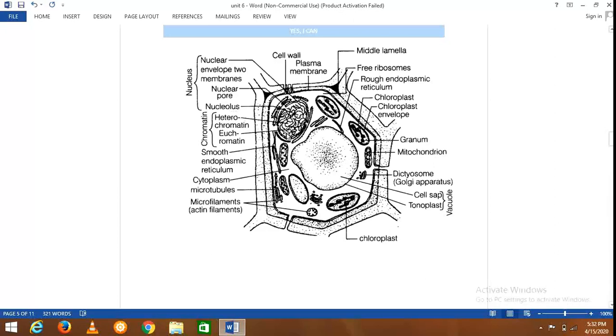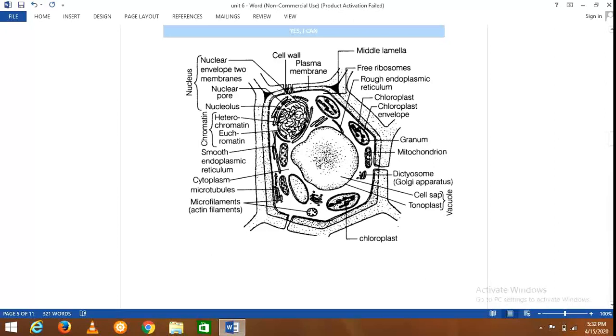So I will mention these in detail. Then here you can see these oval shaped or rod shaped structures which are known as mitochondria. This is also a mitochondrion, right?